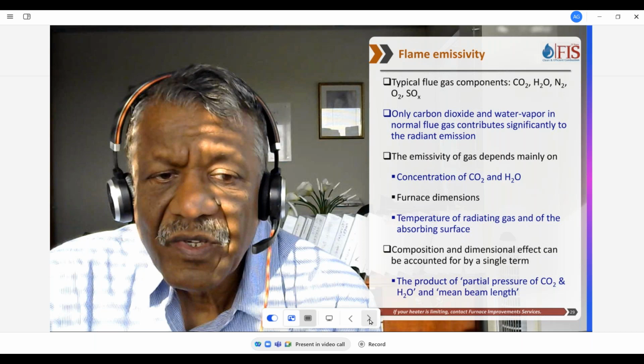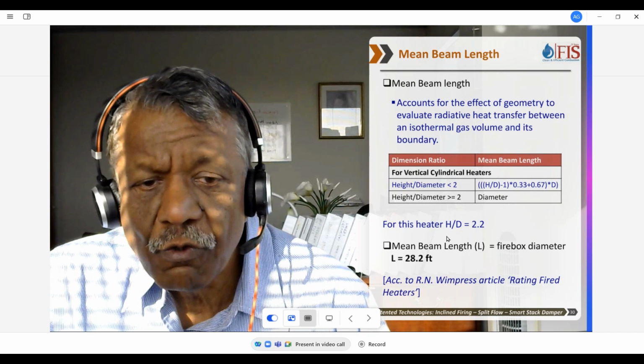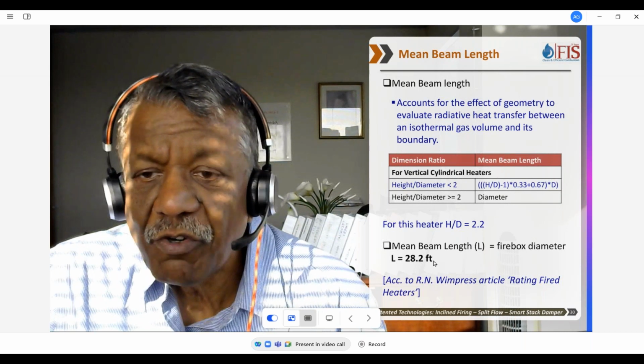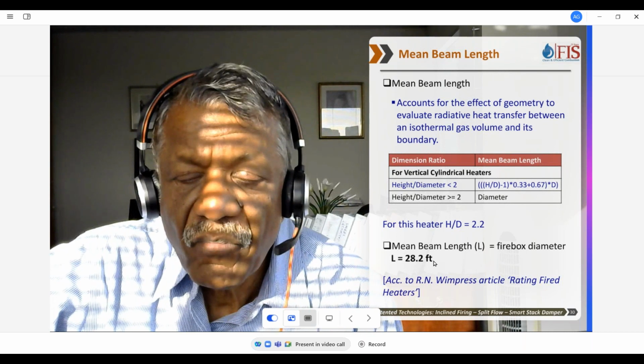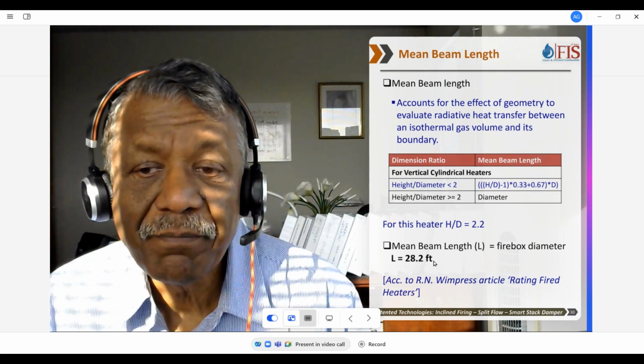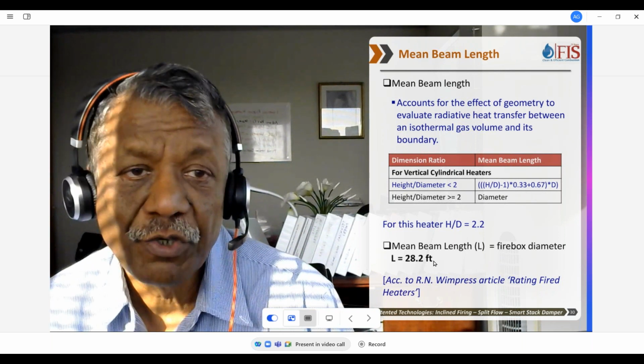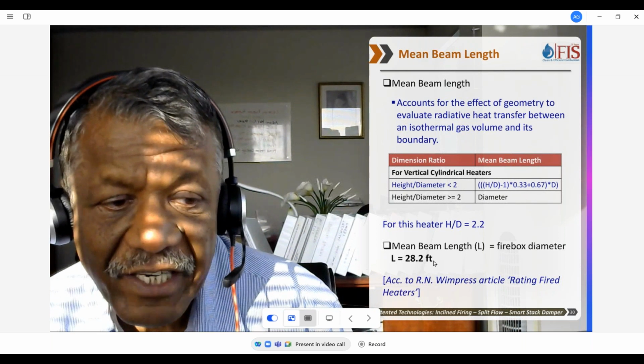Generally, for any H by D ratio of more than 2, the mean beam length as per Lobo is equivalent to diameter. So our H by D is 2.2. So our mean beam length is about 28.2. And 28.2 is a very big mean beam length, so very good heat transfer is going to take place in our fired heater.